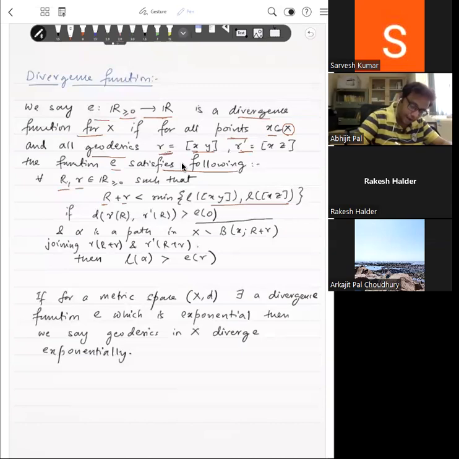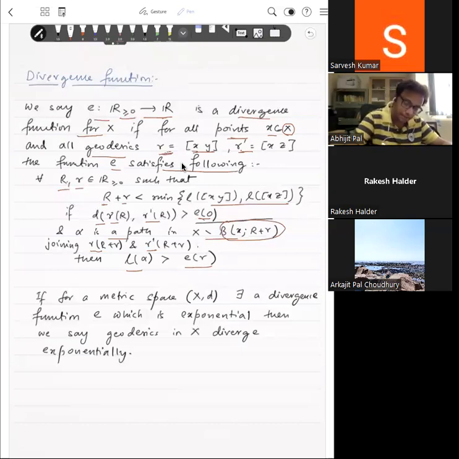if the distance of gamma at R and gamma prime at R is greater than E0, and alpha is a path lying outside the ball of radius capital R plus small r around X, joining these two points, gamma at R plus r and gamma prime at R plus r, then the length of alpha is greater than E of r.